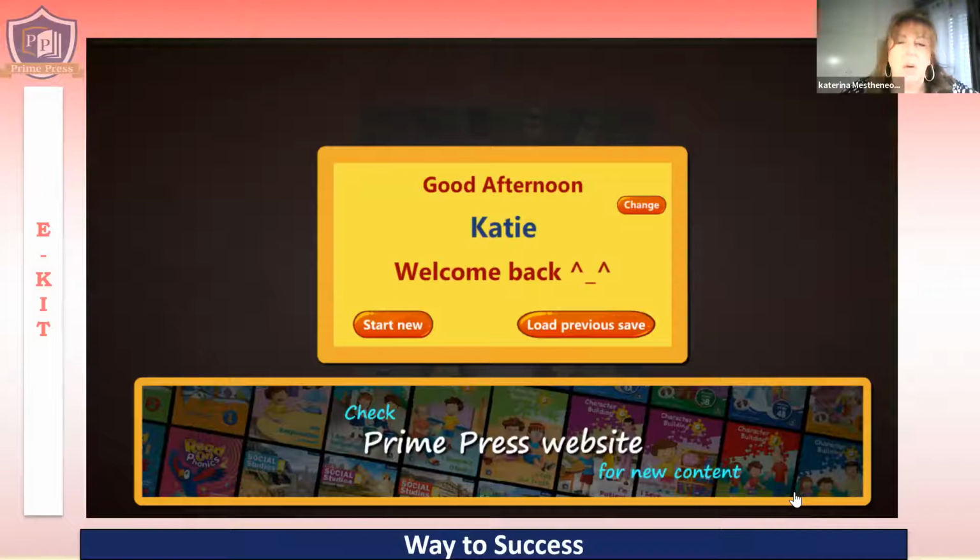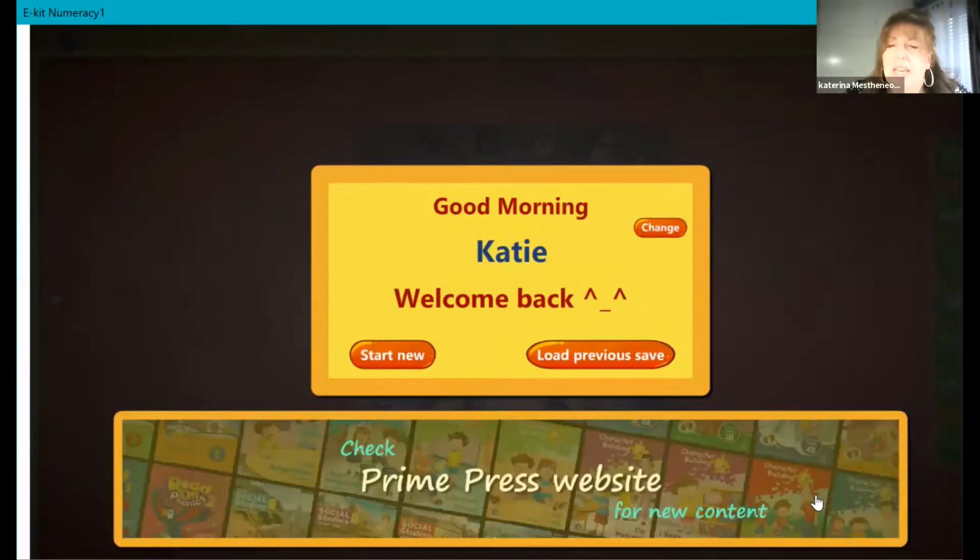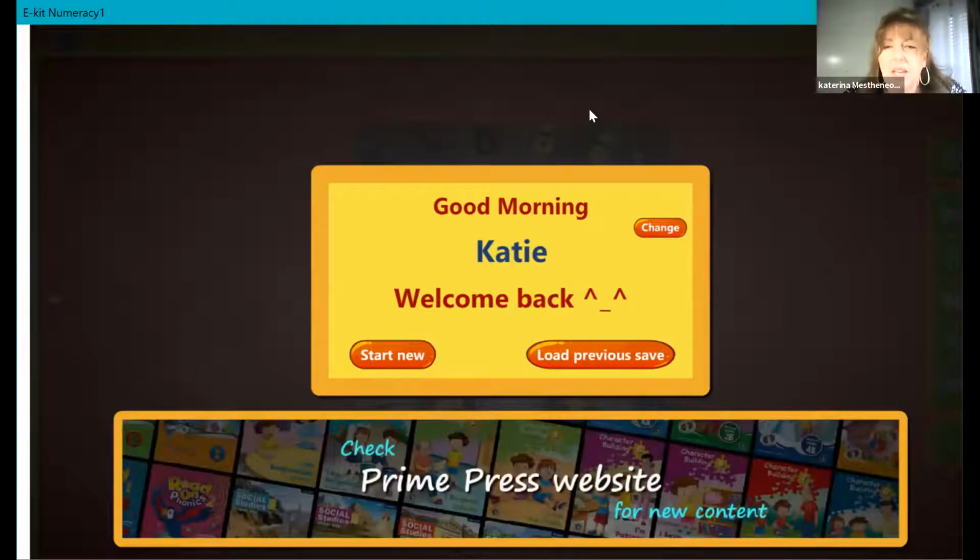Okay, so when you open your Ekit, you will be given an access key to do it. Of course, it recognizes you. You can see my one here that's saying good morning to me. I'm going to stop this again because I need to make sure that I'm going to share the sound on this.